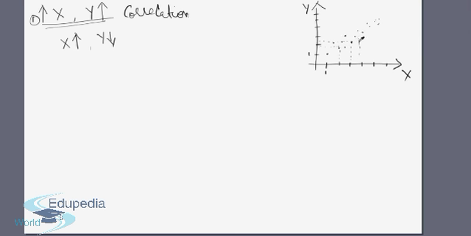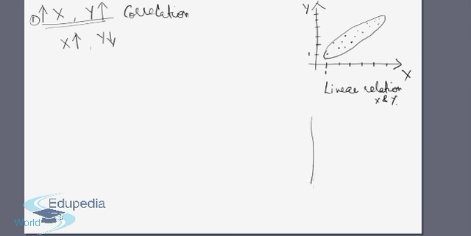So now what we see here is that the increase is almost linear. So this is your linear relation between x and y.